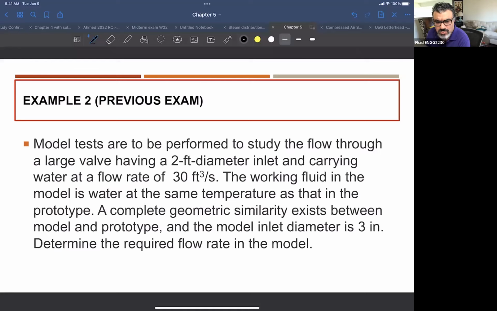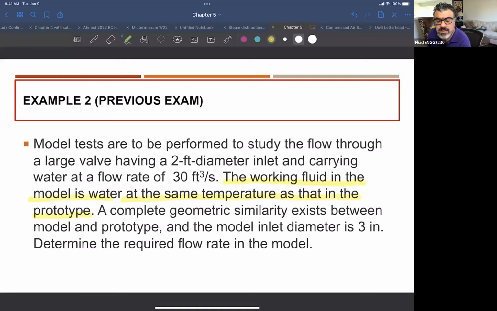So what you're going to do is make a model out of this valve. And a very important note here is that the working fluid in the model is water at the same temperature as in the prototype. What does it mean?